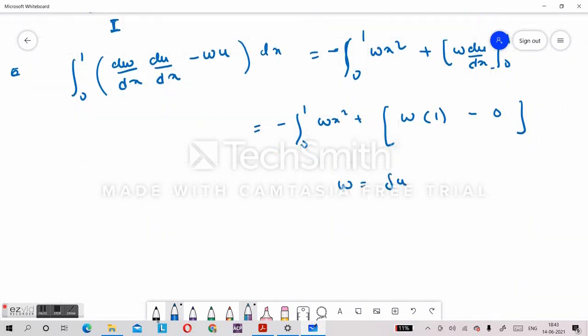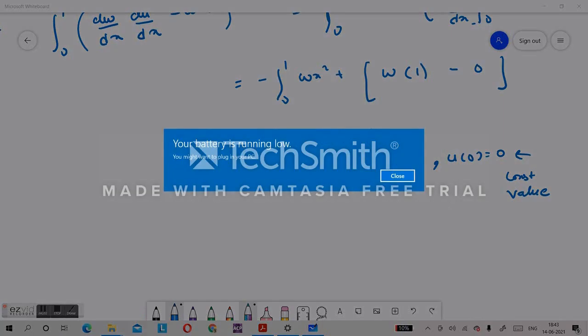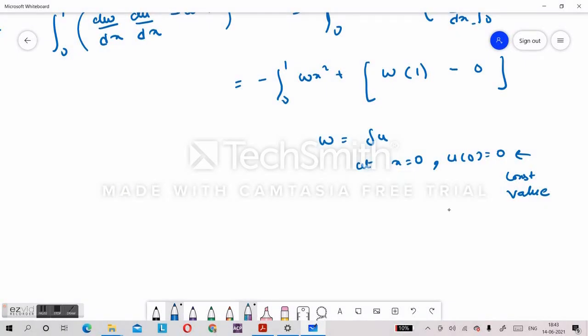Why does the lower limit become 0? Because w equals the change in u, and at x equals to 0, u(0) equals to 0. This means it is a constant value, so for any constant value of u, w becomes 0.